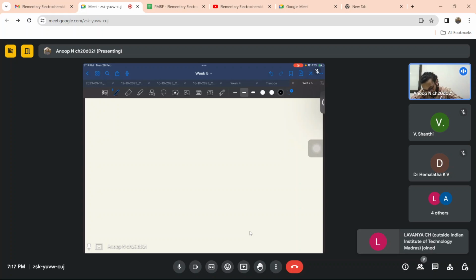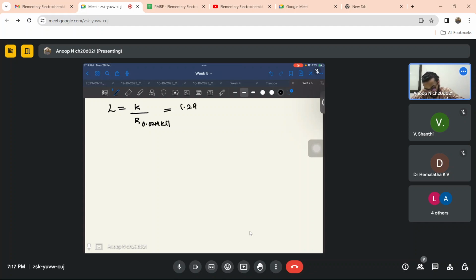So what is conductivity? L is equal to K divided by R of 0.02 molar KCl, which is equal to 1.29 centimeter raised to minus 1 divided by 520, which is nothing but 2.481 into 10 raised to minus 3 Siemens centimeter raised to minus 1. So please calculate lambda m now.